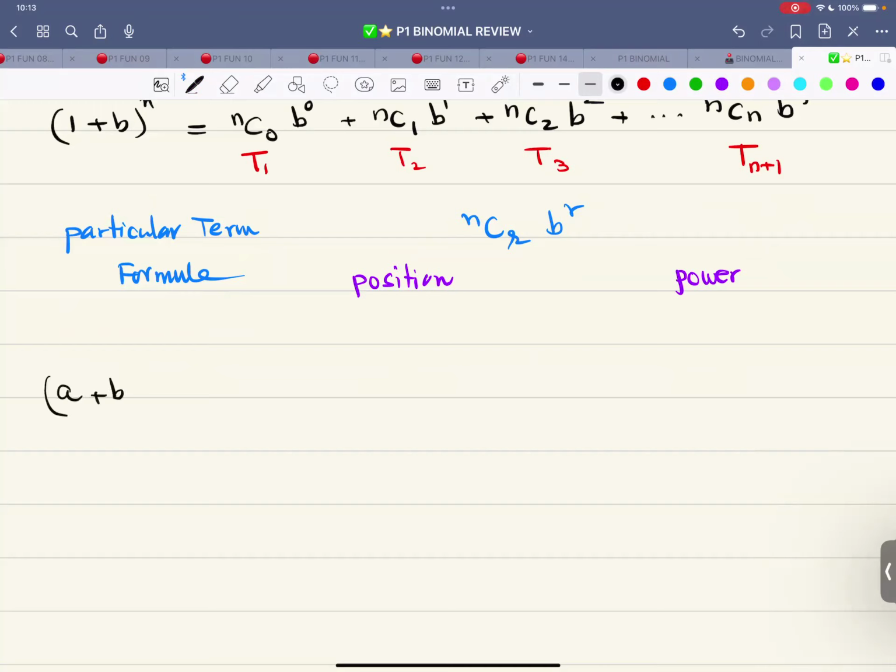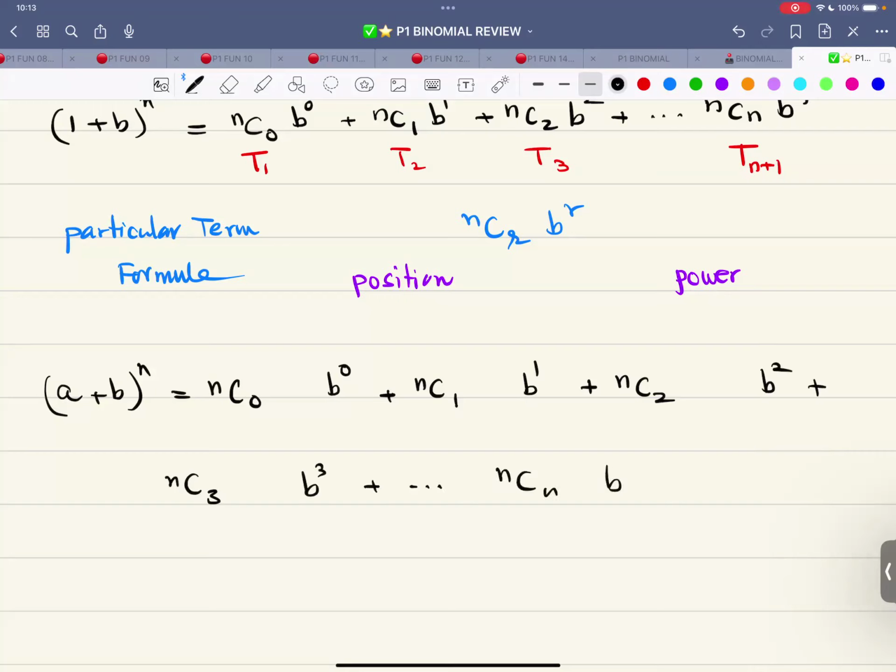Similarly, (a + b)^n is nC0 b^0, nC1 b^1, nC2 b^2, nC3 b^3, all the way till nCn b^n.